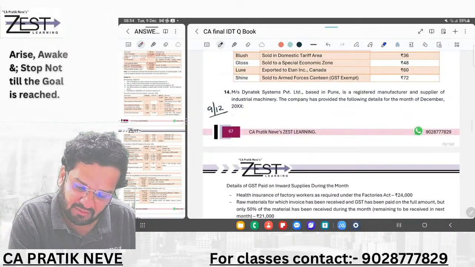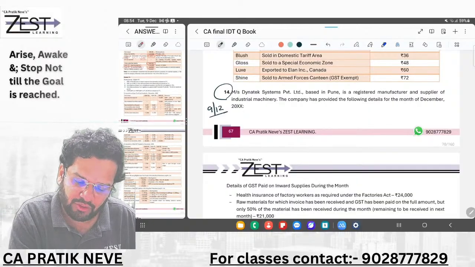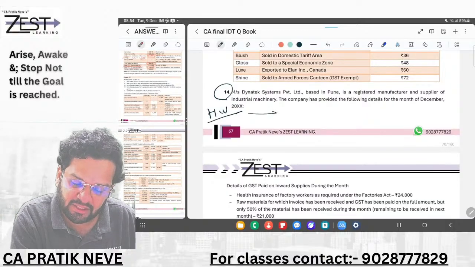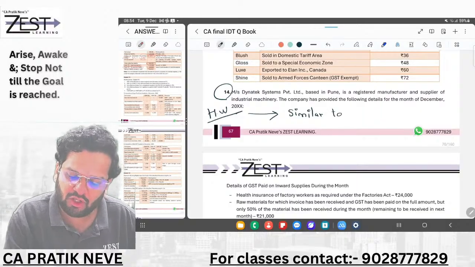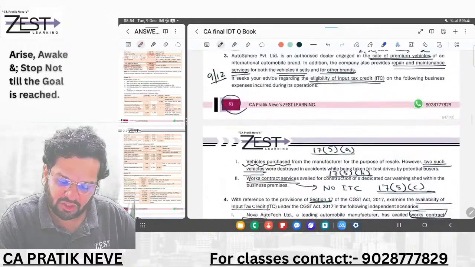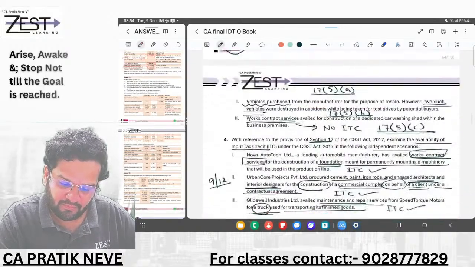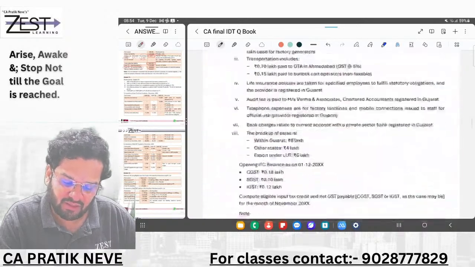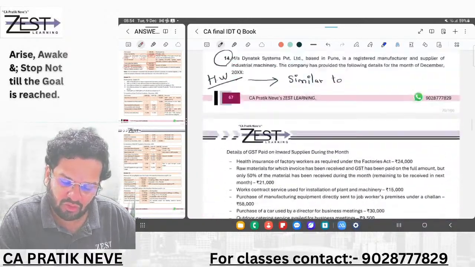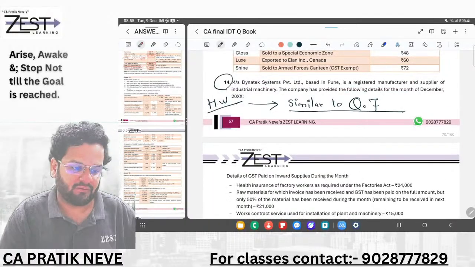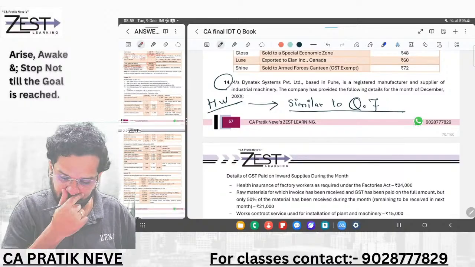This 14th question, I am going to give you as compulsory homework. This question is similar to one of the questions which we have done today, that question of excavators, question 7. So 14th is similar to question number 7. So this is compulsory homework. Will you all try this, friends?